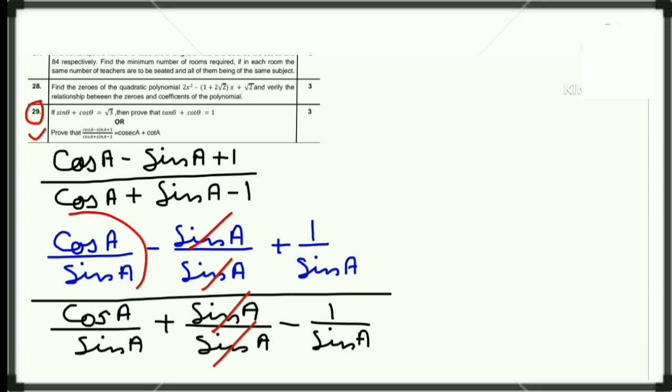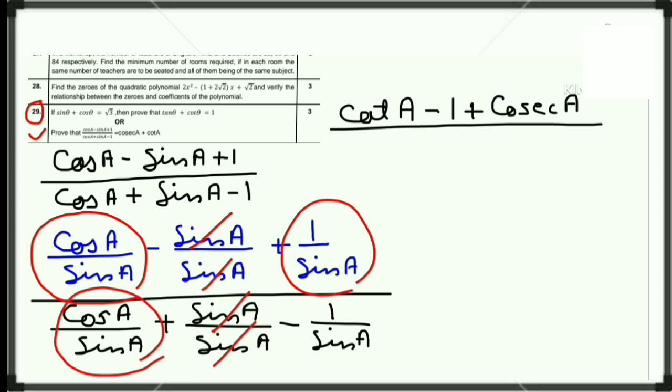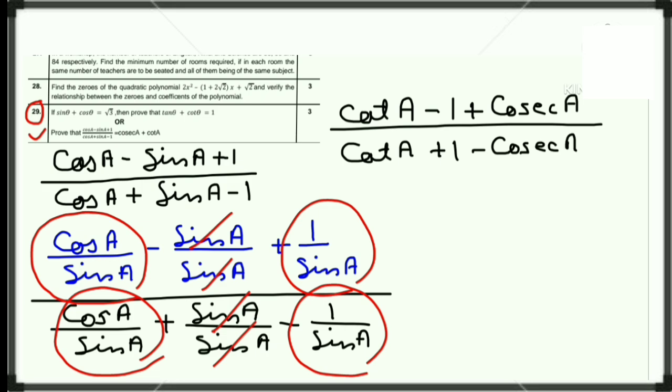And cos A by sin A, as we know, is equal to cot A minus, and here remains 1 plus, and 1 by sin A is equal to cosec A by, and here also this cos A by sin A can be written as cot A plus, and here remains only 1 minus, and 1 by sin A is equal to cosec A.